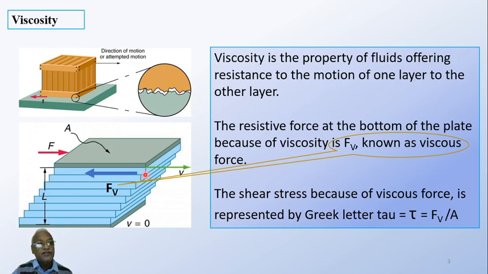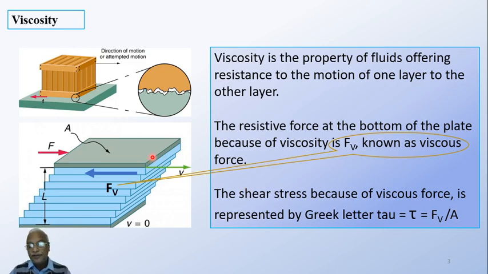When there is a force over an area, obviously there will be an intensity of the force, we call it stress, and the shear stress because of this resistance is represented by the letter tau. So tau, the shear stress because of viscosity or viscous stress, is equal to viscous force divided by the area in contact.